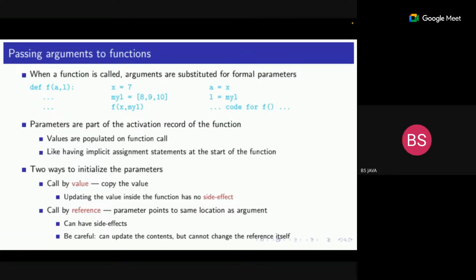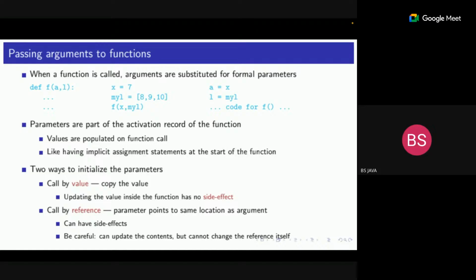Now let's continue with the stack itself, this activation record and all. We'll come to heap at the end of this topic, okay? Now, there are two different ways by which we can pass arguments to functions: call by value and call by reference. In call by value, we copy the value into the function arguments, and if you make any changes to those values, it won't affect the original one.